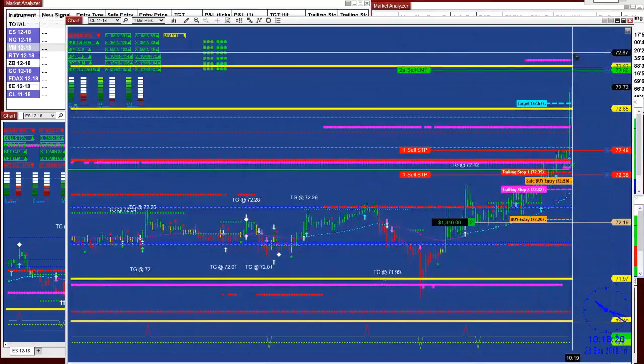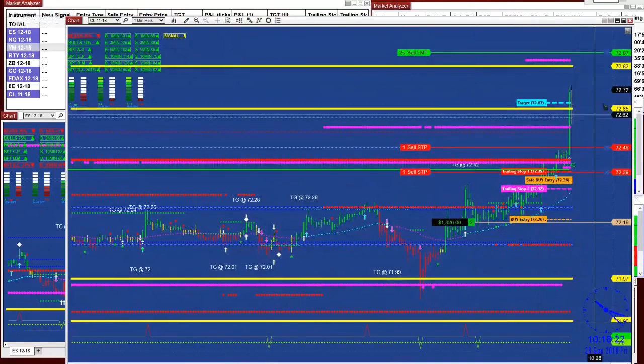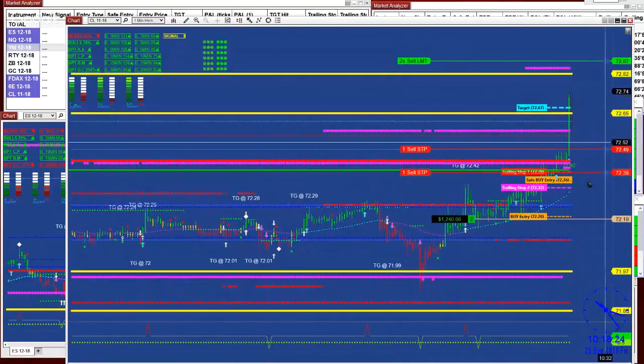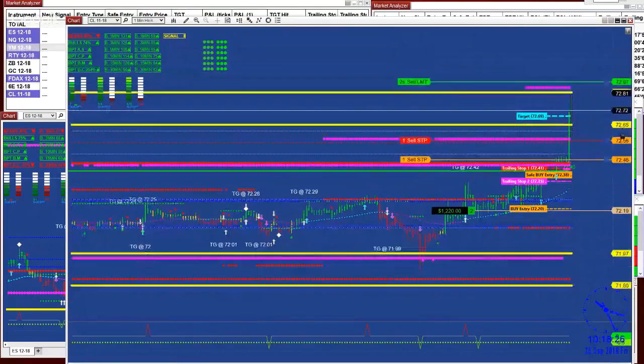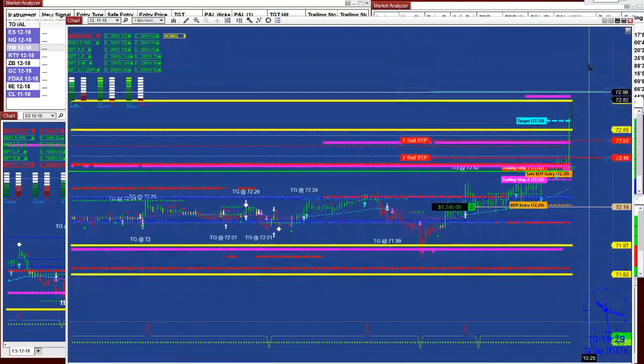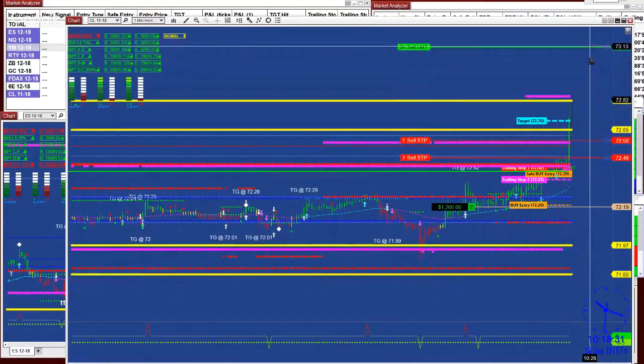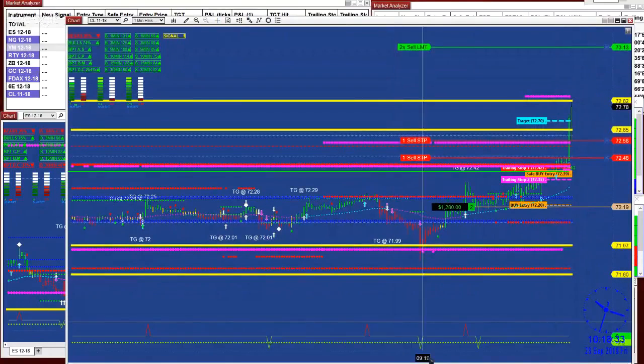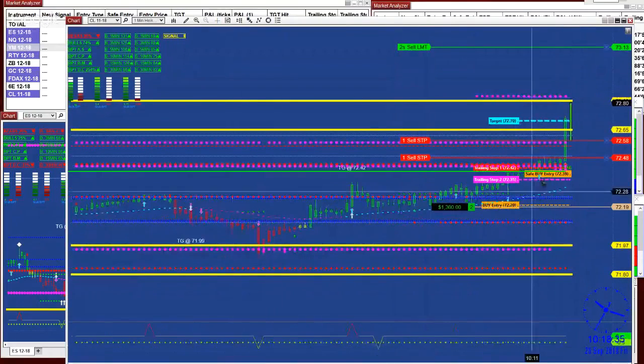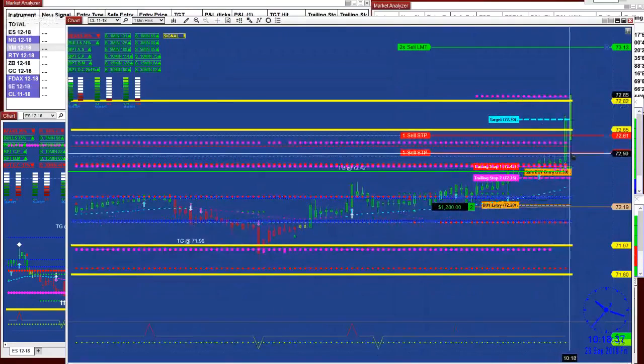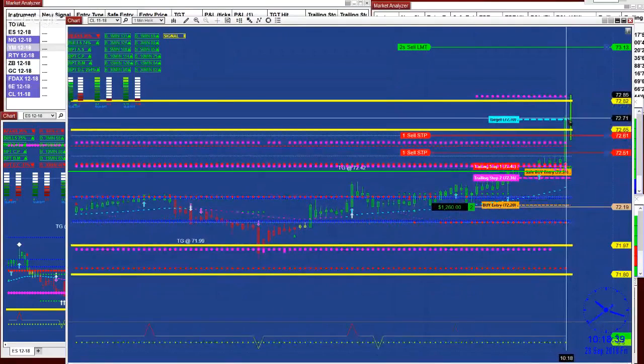How many of you have seen a 1 minute chart with a bar that long?